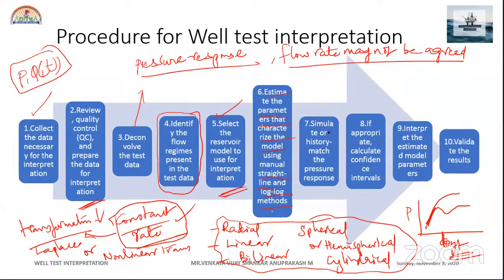After that, we have our simulation and history match. If you feel that this is a right fit, then calculate that our results are good and agreeing, because confidence in results is measured between your model and your observed data. When the difference between these two is a minimum, obviously we'll have more confidence in our model.